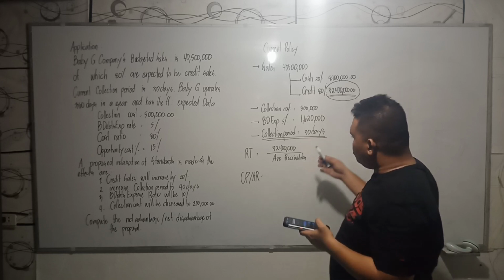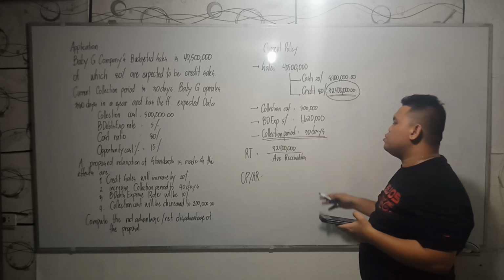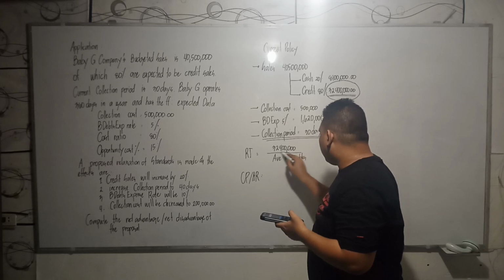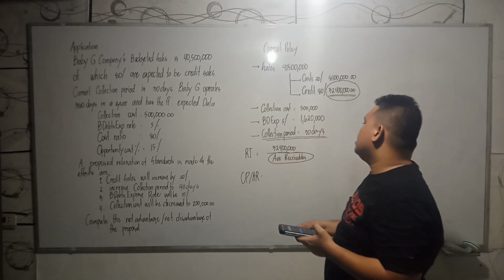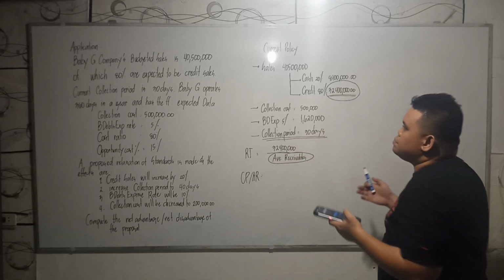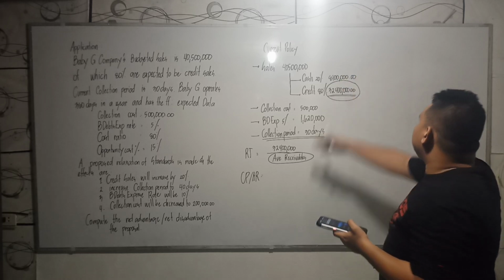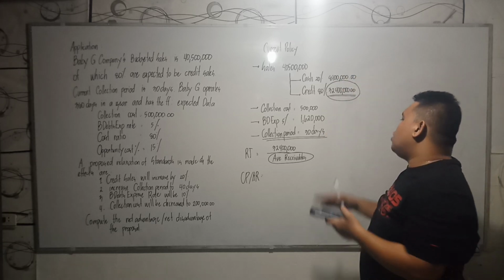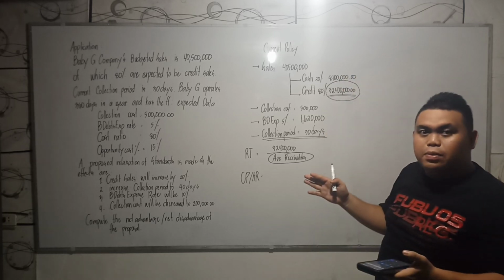Why do we really need to analyze these two? Because sometimes we need to find these average receivables, because we need to compare the current policy versus the proposal, how much is the difference of the receivables?